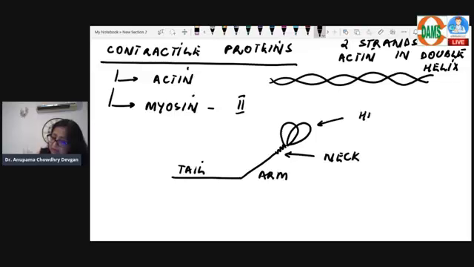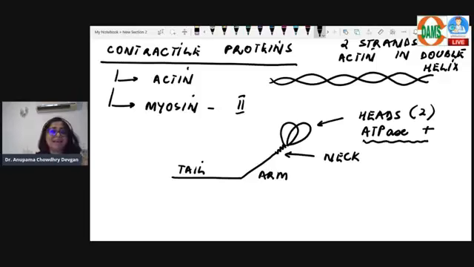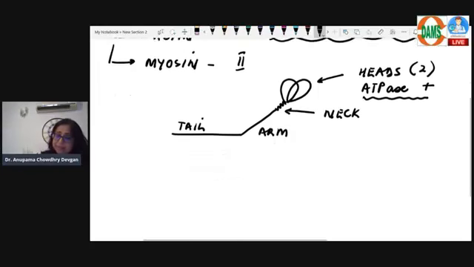These two heads of myosin have an ATPase enzyme. These are your two contractile proteins, actin and myosin. Two strands of actin in a double helix like a DNA molecule. Myosin has a tail, an arm, a neck, and two heads, and the heads have an ATPase enzyme.